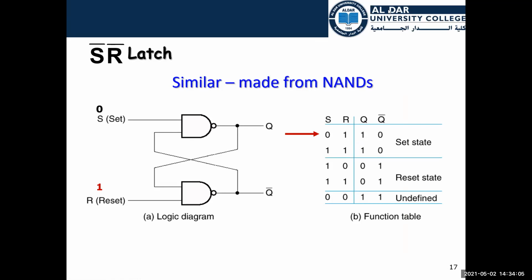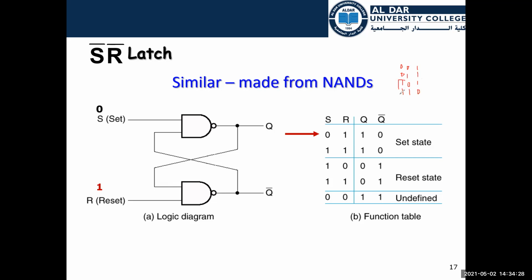I should write it back because I confused the NOR and the NAND. So 0 0, 0 1, 1 0, and 1 1. This is NAND, which is 1, 1, 1, 0.